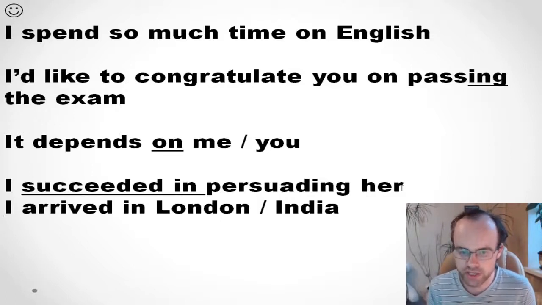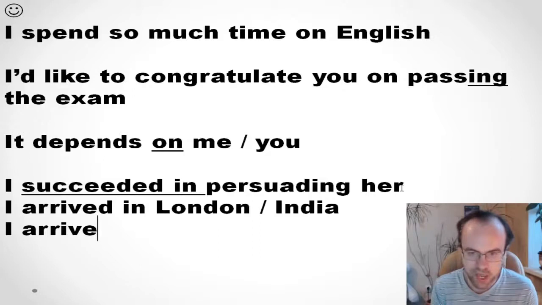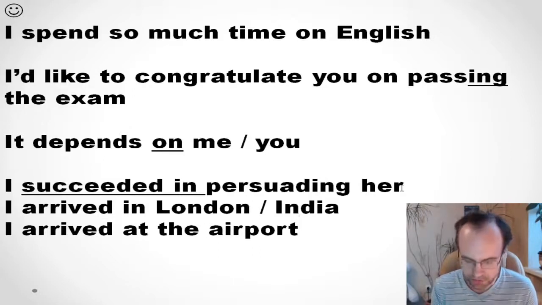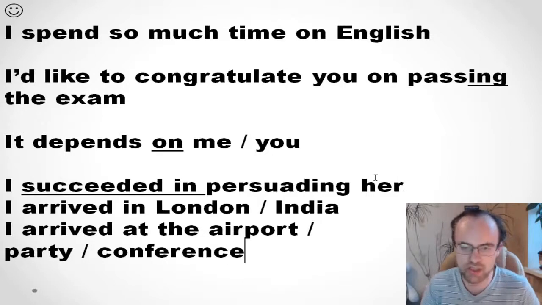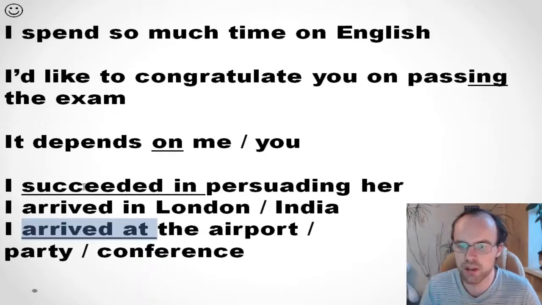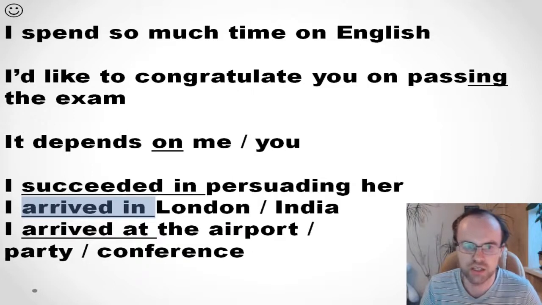If it's a small place, like at the airport, I arrived at the airport, I arrived at the party, I arrived at the conference. If it's a small place, we use at. If it's about a city or a town, you need to use arrive in. So I arrived in London, I arrived in India.